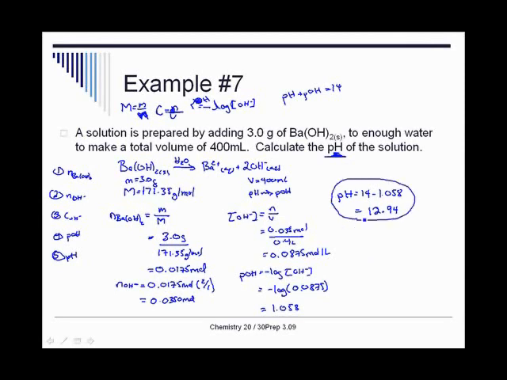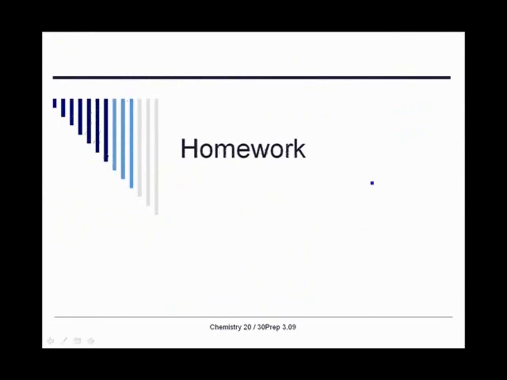There is our pH. Now we go back and we take a look. We have barium hydroxide. This is a strong base, so it should have a very high pH. We take a look at our answer. The pH is almost 13. That's pretty high. So our answer makes sense with what we expect, and we're good.